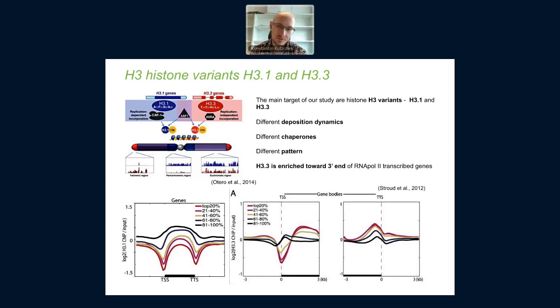H3.1 has CAF, and H3.3 has HIRA and ATRX. They also have different deposition patterns, where H3.3 is more associated with euchromatin, and H3.1 with heterochromatin. And on the scale of a gene, H3.3 also has a distinct pattern from H3.1. For example, it is enriched at the 3' end of RNA Pol II transcribed genes.